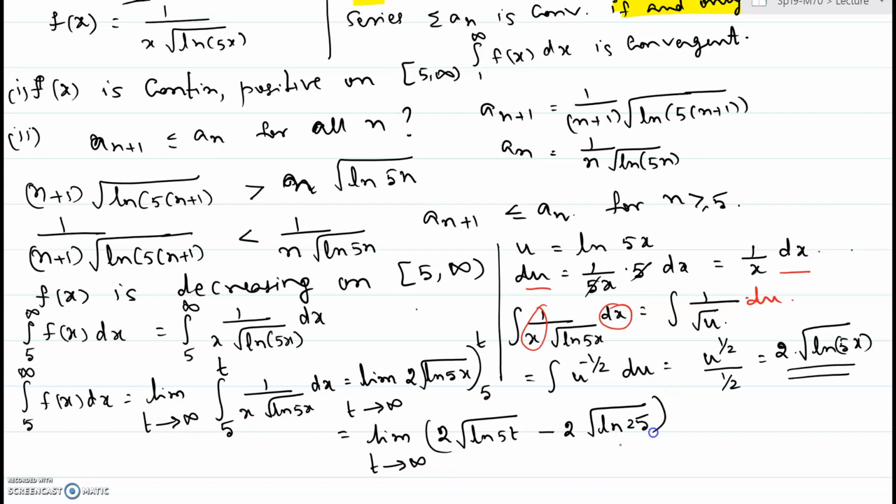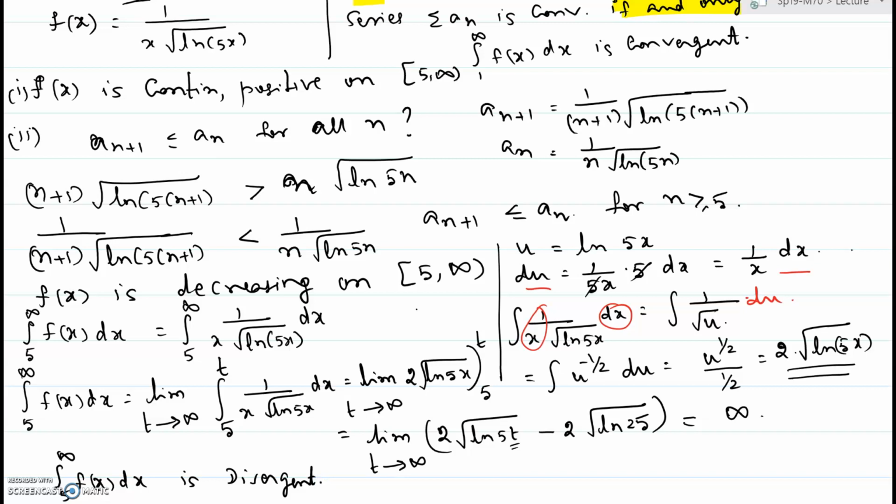As t approaches infinity, the whole thing is dominated by the first term because it involves t. The second one is after all a constant, so it is going to be just 2 times infinity, or infinity. This shows that the improper integral from 5 through infinity of f(x) dx is divergent.